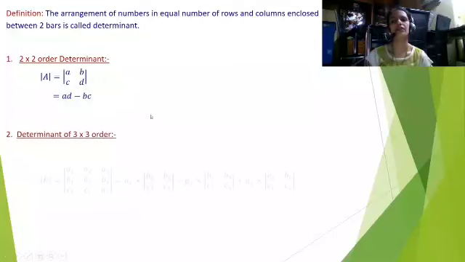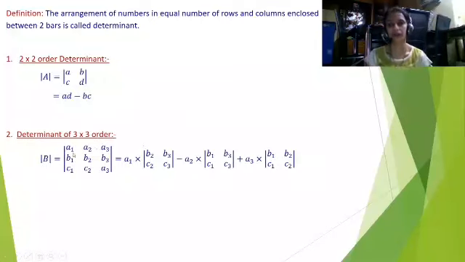Now let us see the 3 by 3 determinant. In a 3 by 3 determinant, you will have 3 rows as well as 3 columns. So A1, A2, A3 is the first row. While expanding this determinant, we expand it along the first row, that is A1, A2 and A3.